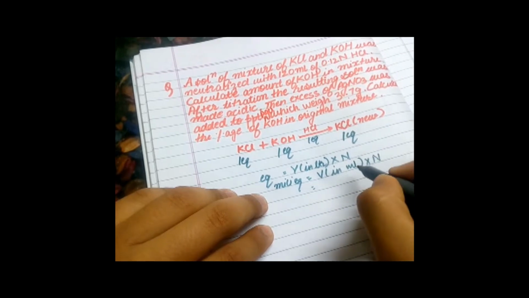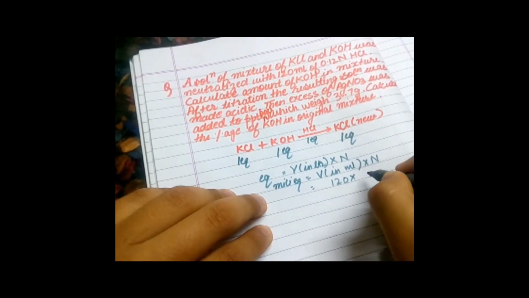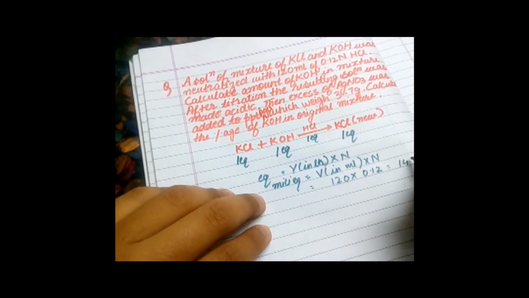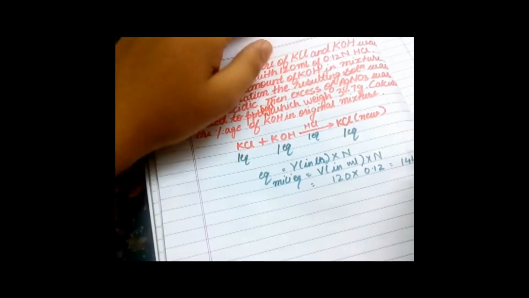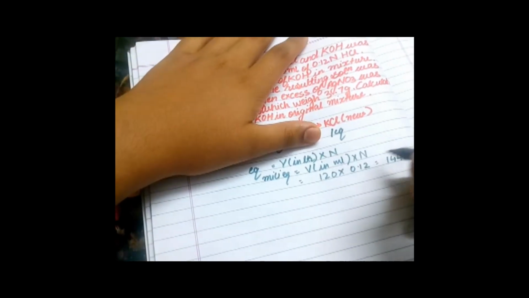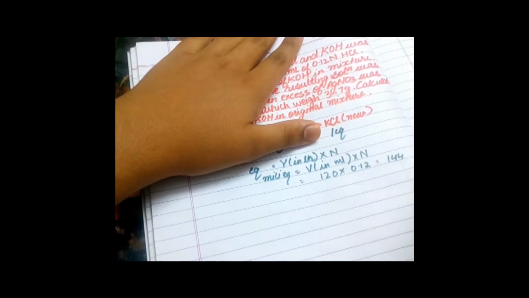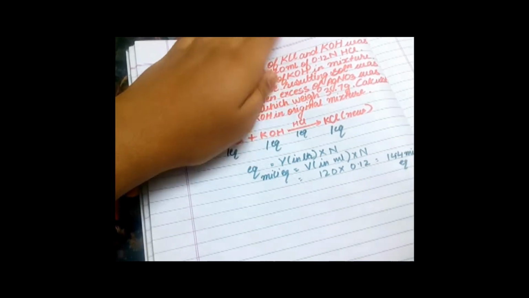Volume in milliliters of HCl is given as 120, and the normality is given as 0.12, so it will come to 144, and we will be adding a decimal and shifting 2 points, so it will come 14.4. These are the milliequivalents of HCl used here.